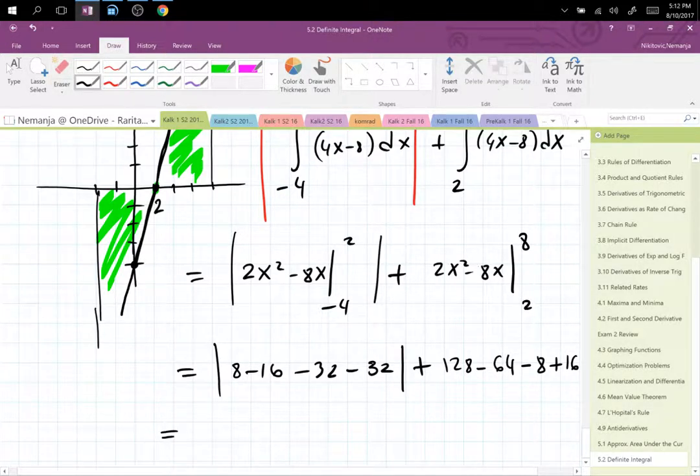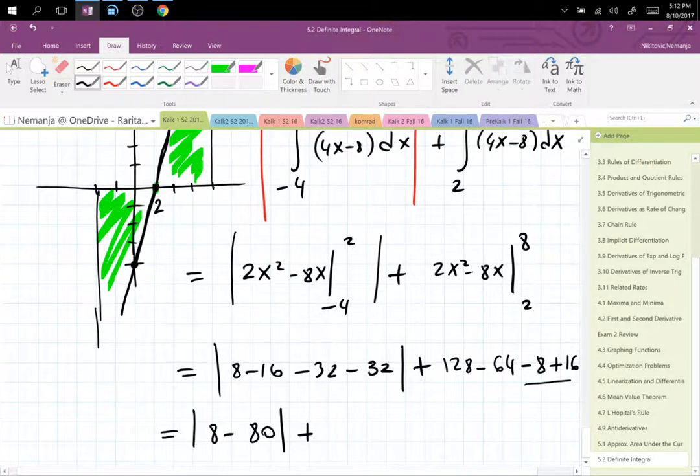So this is going to be the absolute value of 8 minus 64, plus 8.